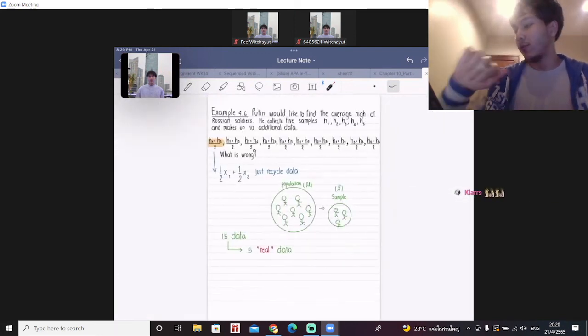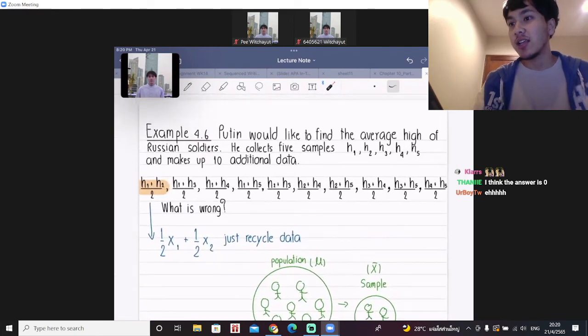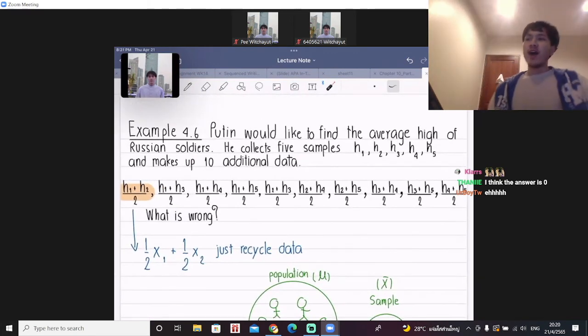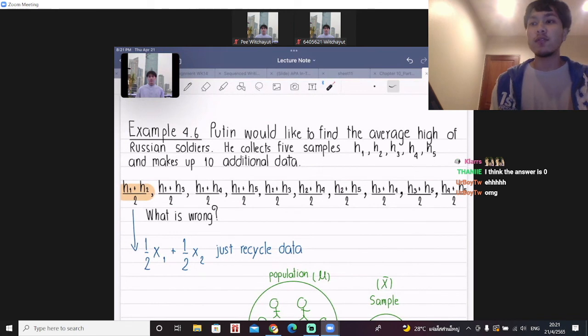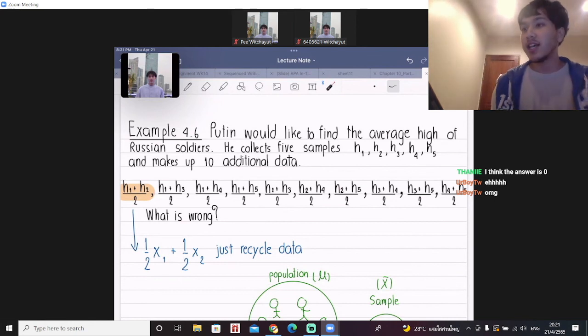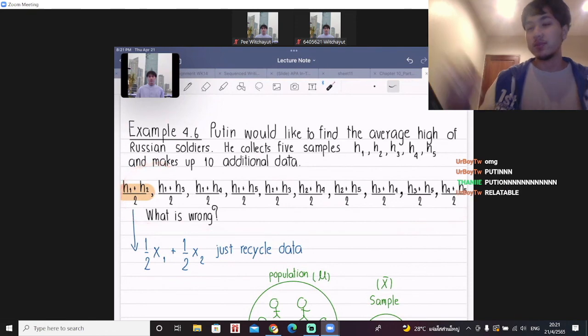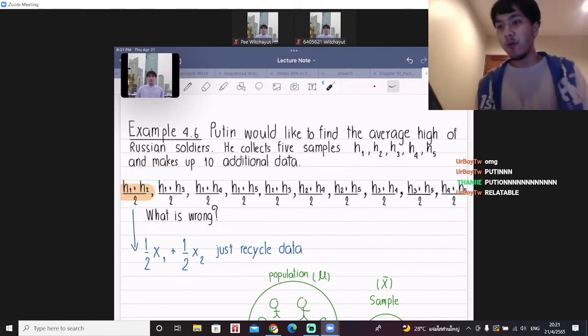Now the last one. Whoa, time for robbery is coming. Now let's see this. Putin would like to find the average height of Russian soldiers. He collects 5 samples, H1 to H5, and makes up 10 additional data, as you can see here. Too much. What is wrong?